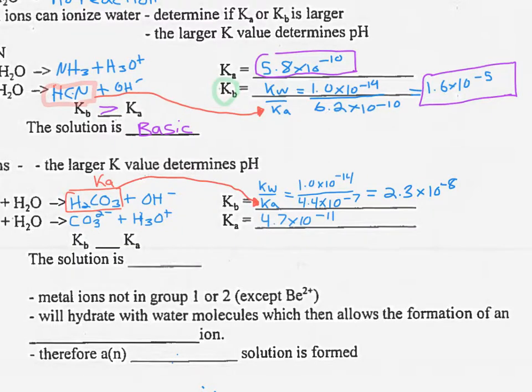So if we plug in the numbers using the Ka for its conjugate acid, we get the Kb for the bicarbonate ion, behaving like a base, is 2.3 times 10 to the negative 8. So then we're comparing this value to this value, and we can see again that the Kb is quite a bit bigger. So Kb is greater than Ka, so that means our solution is basic.